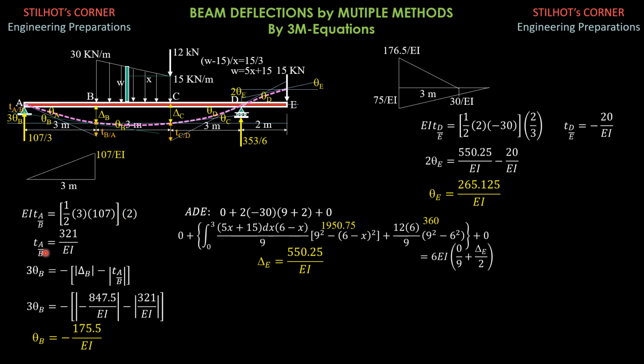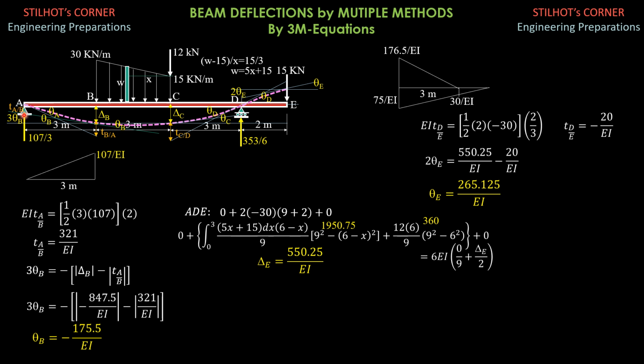So deviation of A relative to B is 321 over EI. So that's why the tangent at B is above the horizontal, because this is only 321 over EI as compared to delta B, which the magnitude is 847.5 over EI.